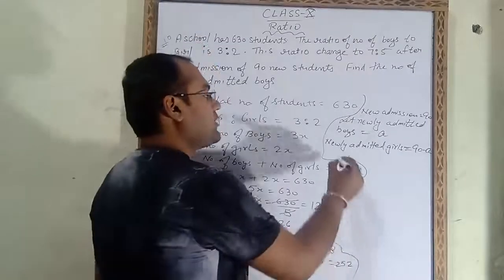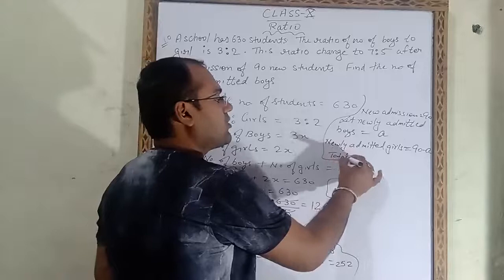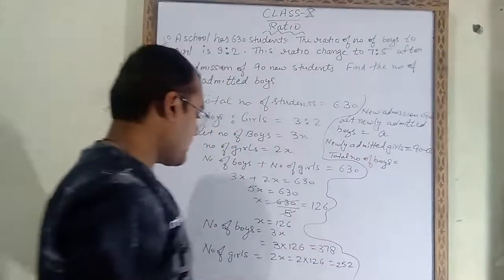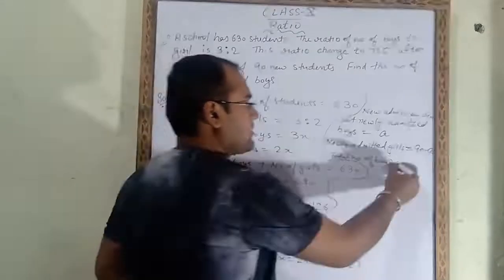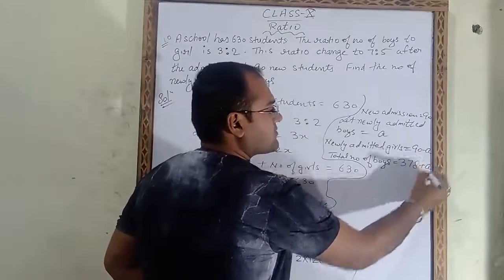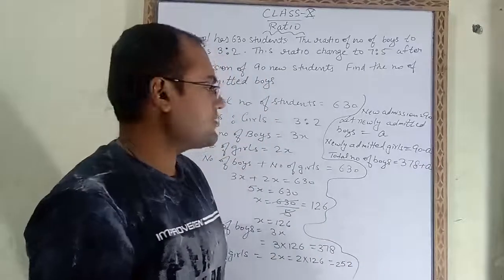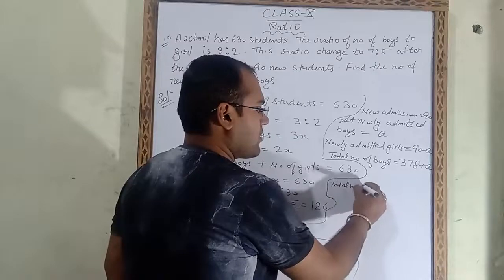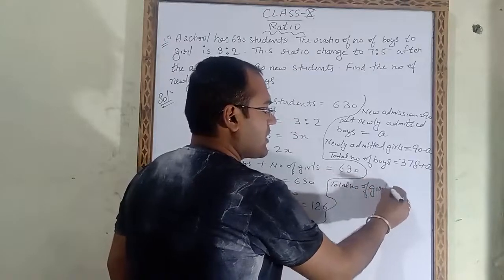Now the total number of boys. Earlier, how many boys were there? 378. Plus A, since A admissions were new, we will add these also. So this is the total number of boys. Now the total number of girls.